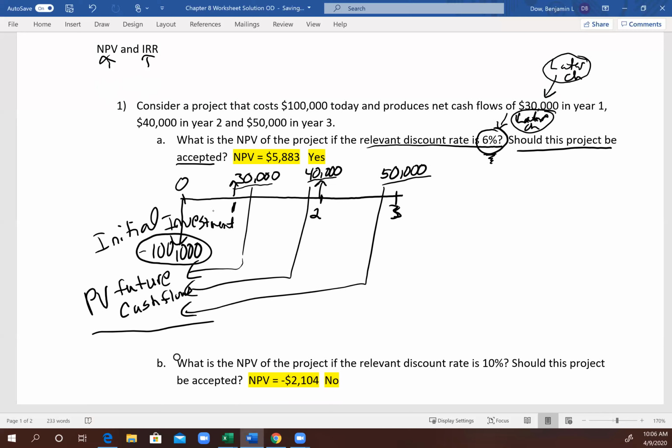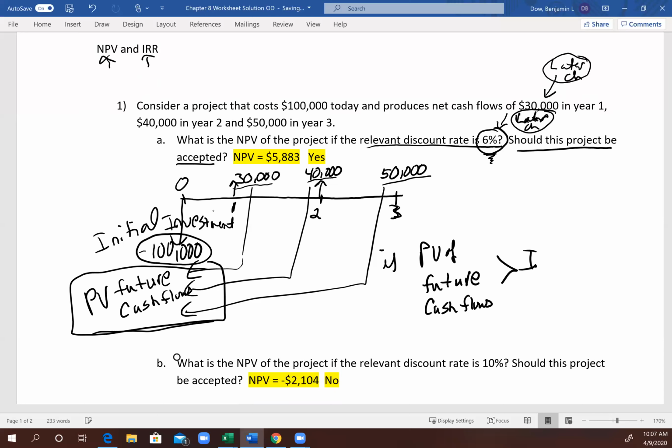And if the present value of future cash flows is greater than the initial investment, then the project is good.